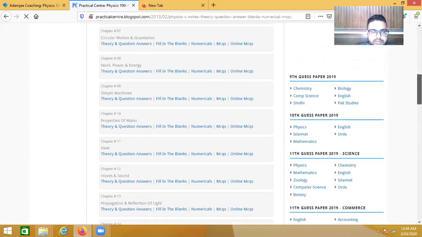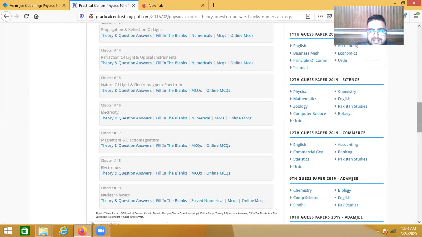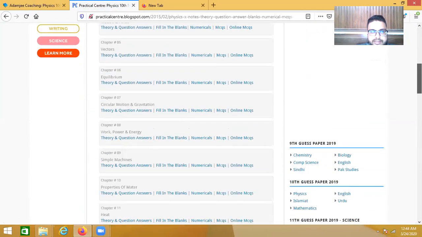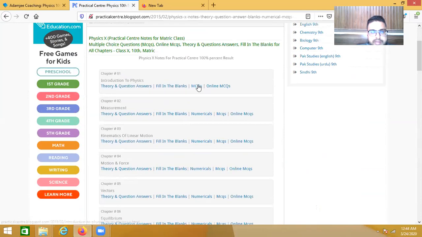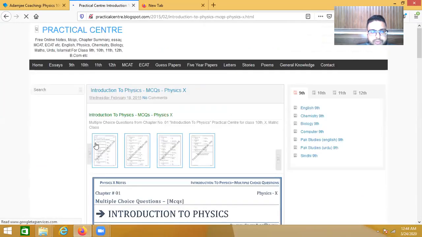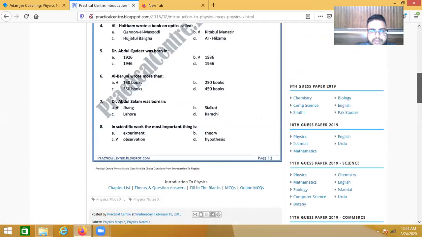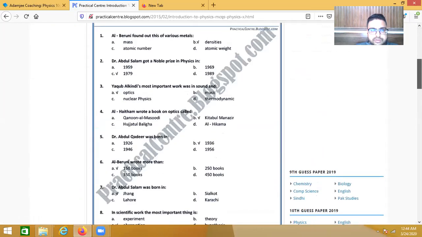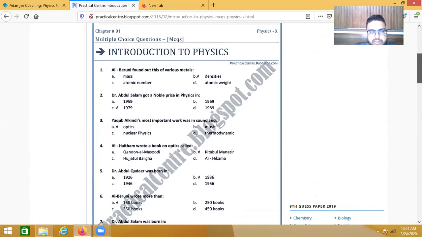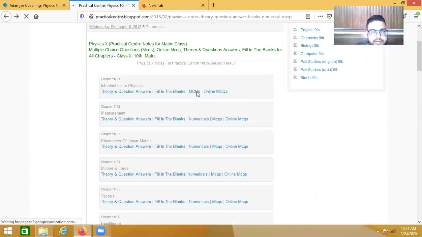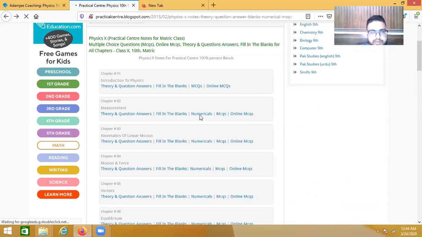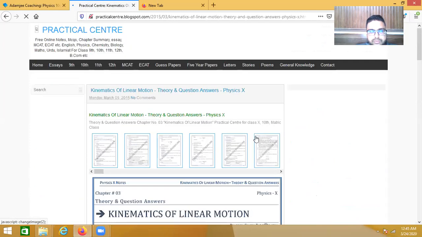You can see all these 19 chapters are here, with the MCQs, multiple choice questions, and you can see all of them with the answers as well. You can see the tick is there with every question, which is the answer of that particular MCQ. And secondly, you can find some solved numericals as well, theory questions and answers, right? So many things you can access.